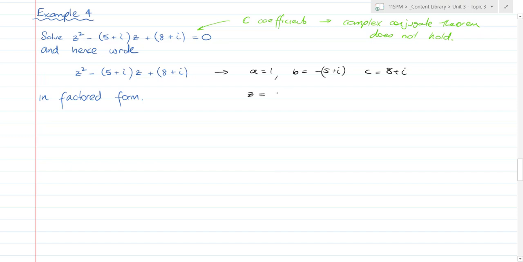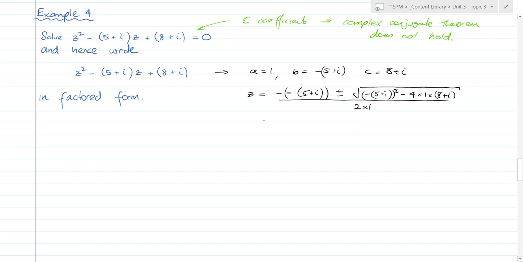z is equal to negative b, which is 5 plus i, plus or minus the square root of b squared, which is negative (5 plus i) squared, minus 4 times a times c, all over 2 times 1. This is potentially going to get a bit out of hand, but we'll talk about how we can do this.